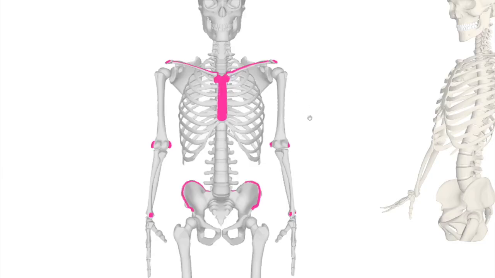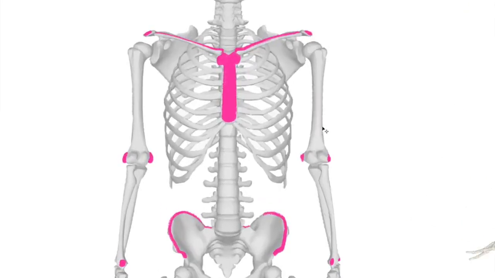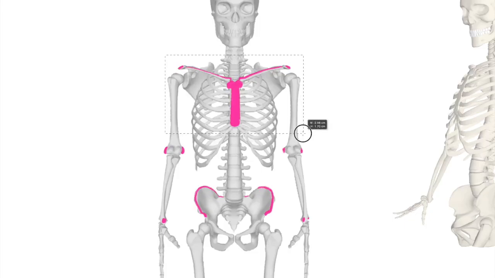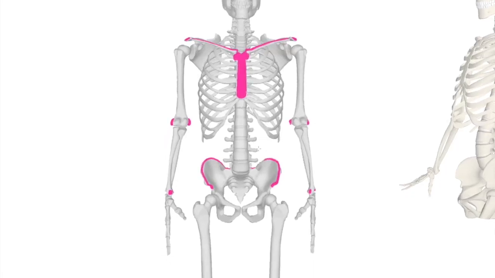Bring your finger or hand to the collarbone area. You can definitely touch the bone, right? And even the chest bone here in the center, we don't have any muscles over it.